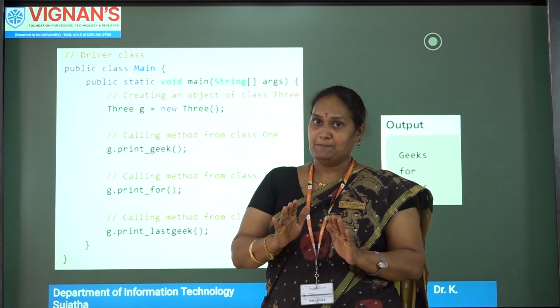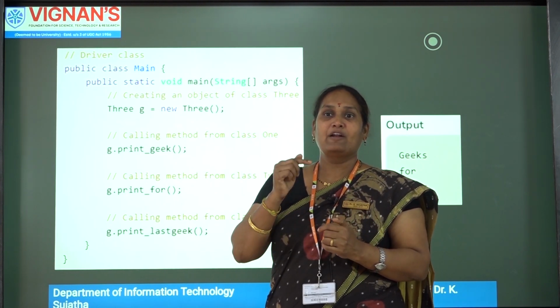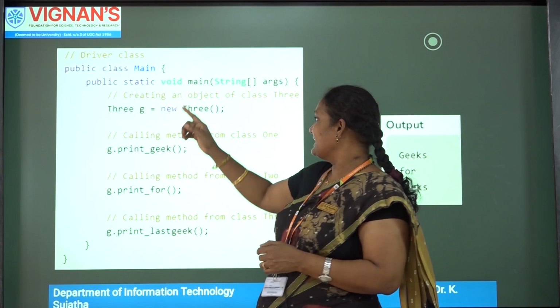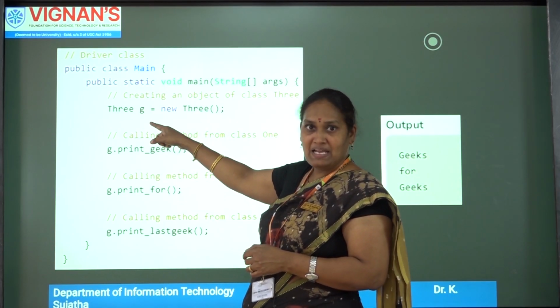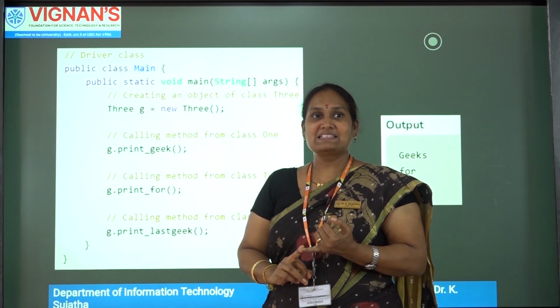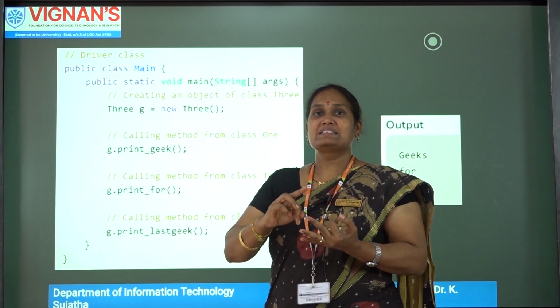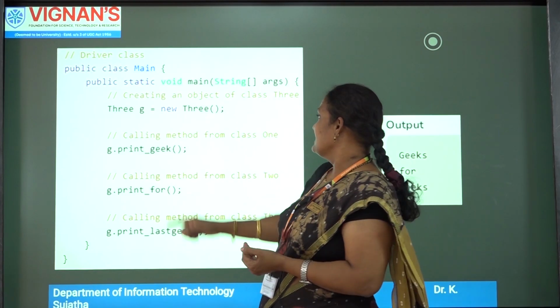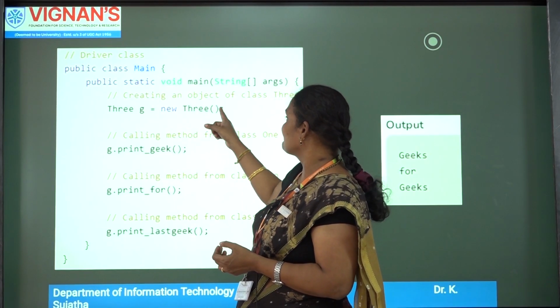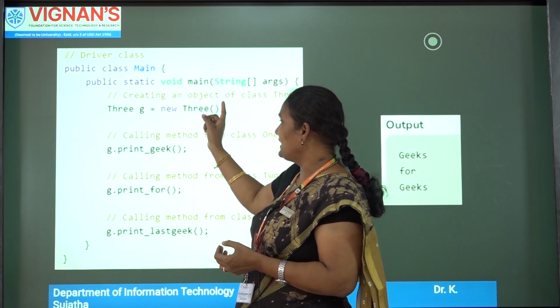So we are creating an object for subclass 2. If I create an object for subclass 2, I can access the method which is present in superclass, subclass 1, subclass 2, right.